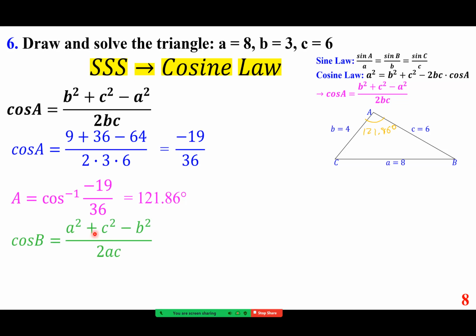Cosine B is A squared plus C squared minus B squared over 2AC. If you notice here, because this is A, this is the one that you are going to have minus A squared. Because this is B, you're going to have minus B squared. Again, you don't have to do that. You can use the sine law. You have a choice. So A squared is 64, C squared is 36, minus B squared is 9.